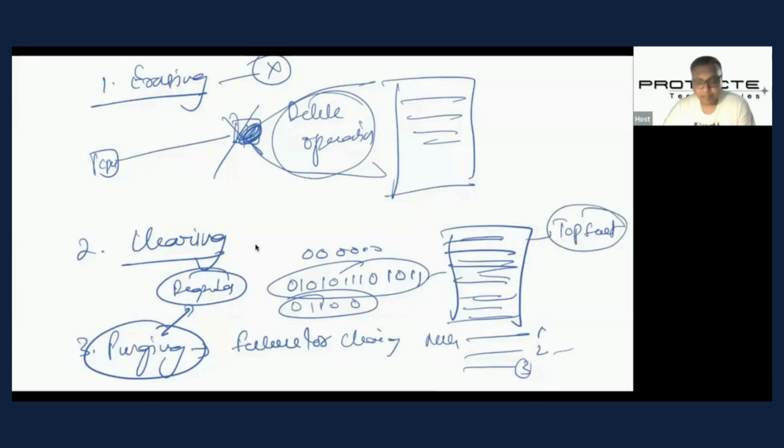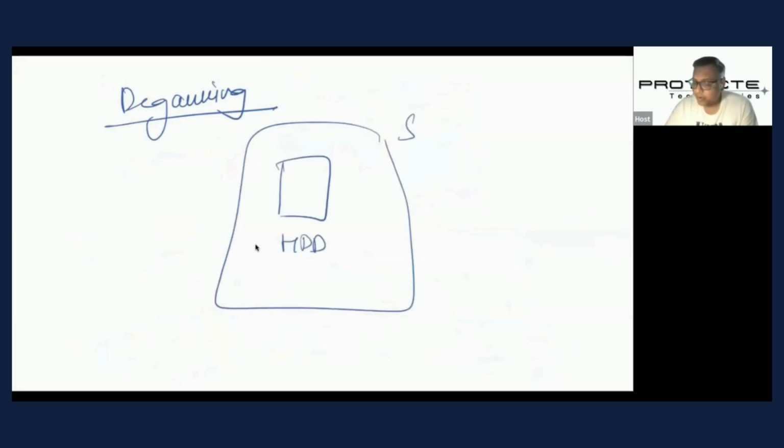And the final way in which you can get rid of data is by degaussing. What is degaussing? Degaussing is putting your hard disk drive inside a very strong magnetic field. If you are a science student, you go back to Gauss's theorems and all. Basically, a hard disk drive is nothing but magnetic lines of force.